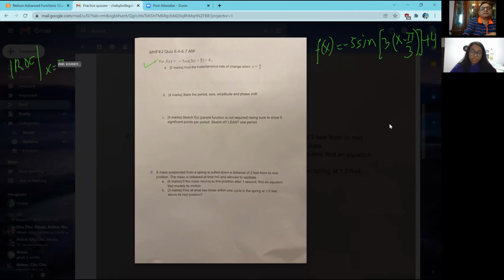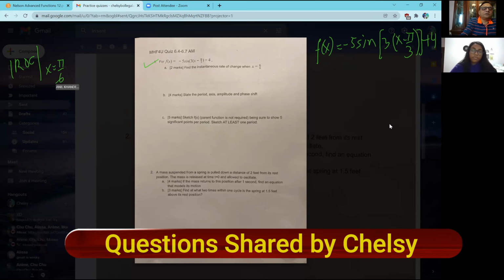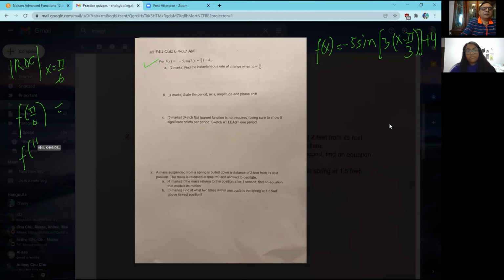You need to find instantaneous rate of change at x equals to pi by 6. So find the value of this function at pi by 6. So let me write this as f of pi by 6. Also find the value of the function at pi by 6 plus 0.01.